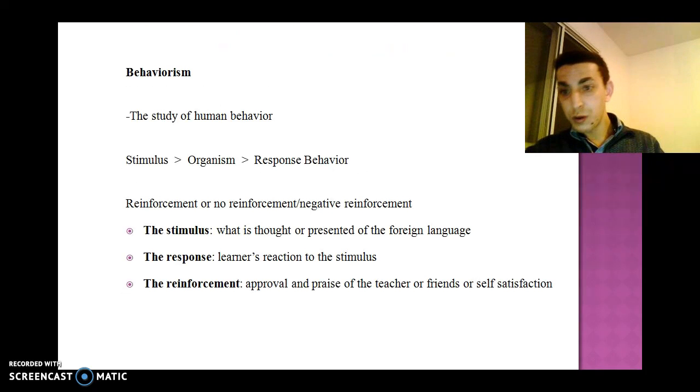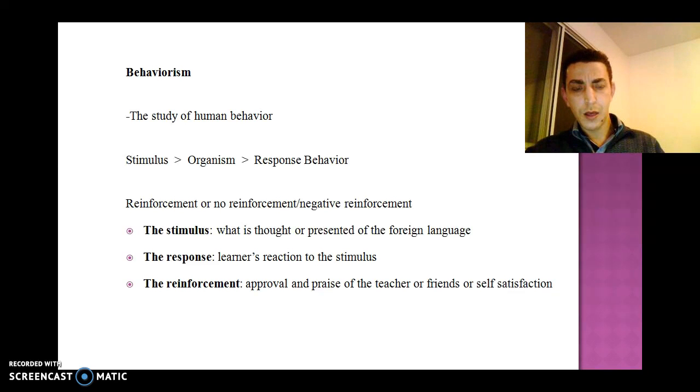And the theory of learning which the audiolingual approach is based on is behaviorism. At the time, it was promoted by many psychologists like Skinner and Pavlov.